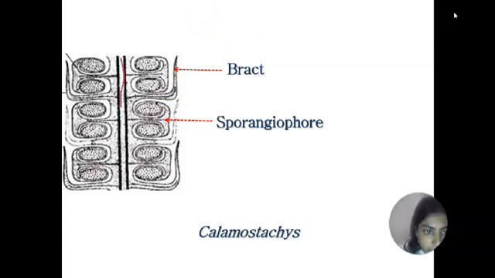The vascular tissue running through the central axis has several branches. One of the branches enters directly through the sporangiophore and the other branch enters directly through the bract.